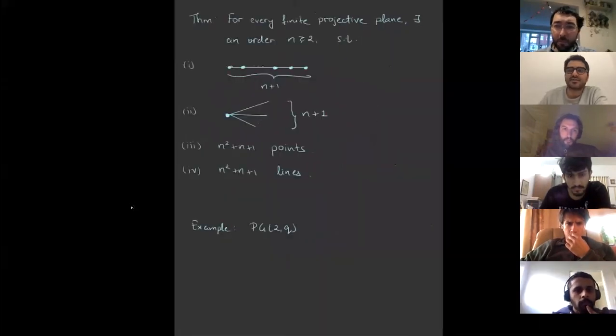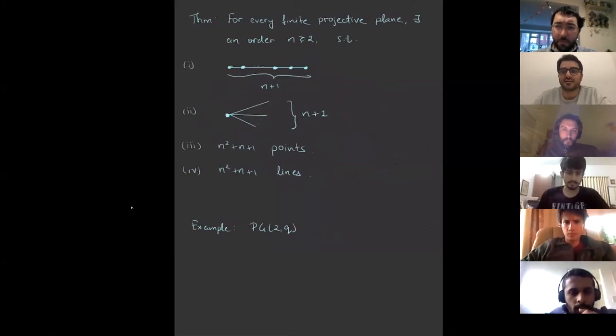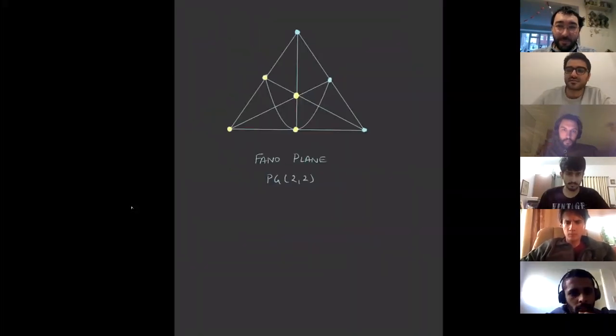Again, just from these axioms, and in fact, now you can use your connection with the affine planes, you can derive a lot of structural information for your projective plane as well. And there's one thing which I should have mentioned before, that you can actually reverse this process.